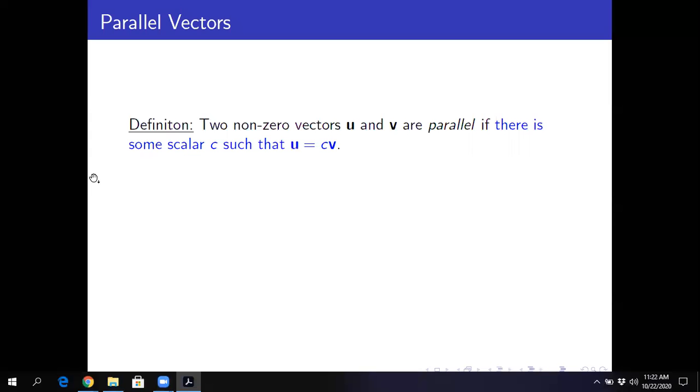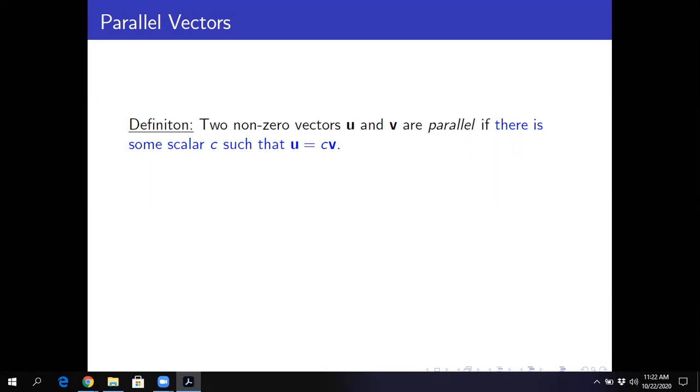Okay. Two non-zero vectors, u and v, are said to be parallel if there is some scalar c such that u is equal to c times v. The thinking here is, if I were to draw u and v in standard position, and u is literally some scalar times v, then u and v would basically live in the same line.